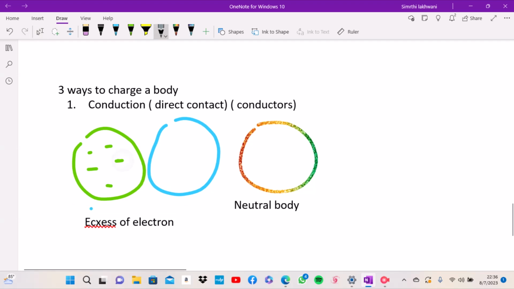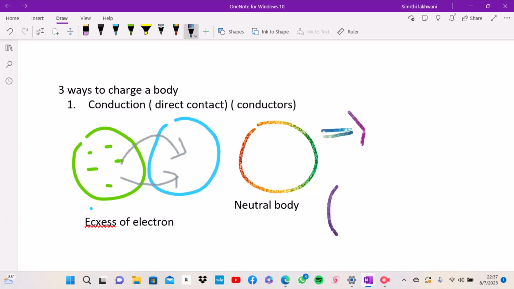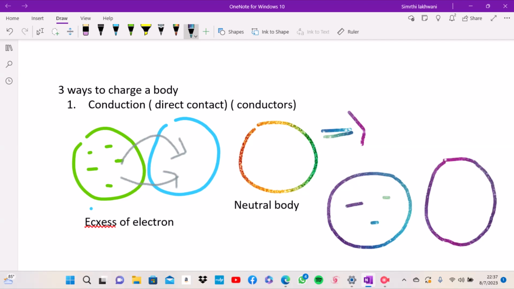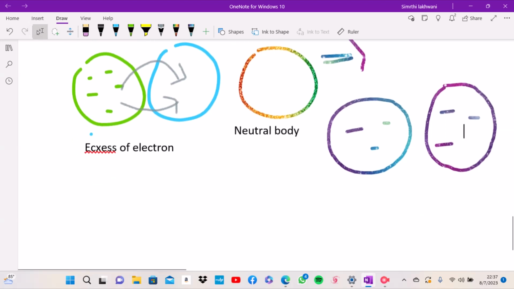So some electrons will be transferred from here to here. Both will now contain the same charge. The charge will get evenly distributed.